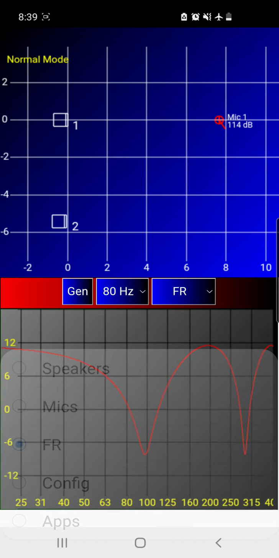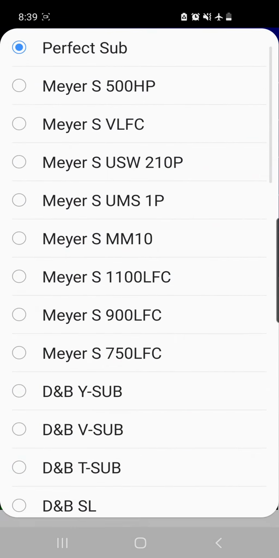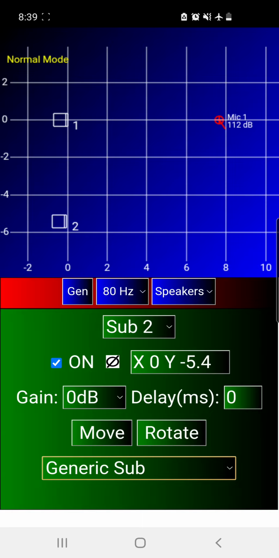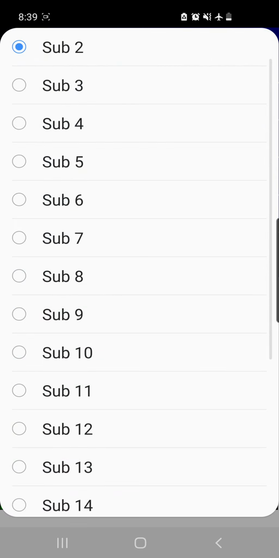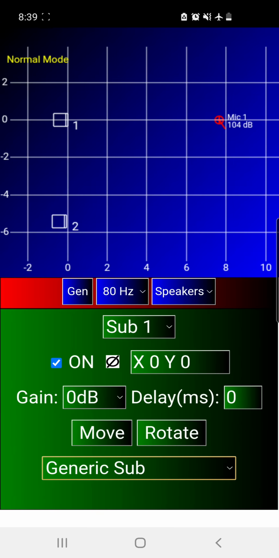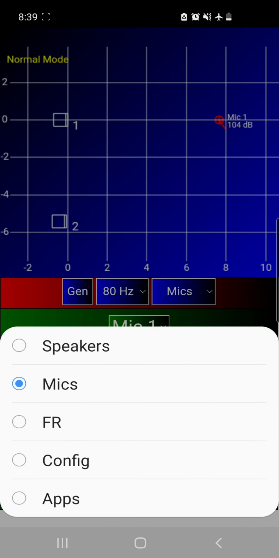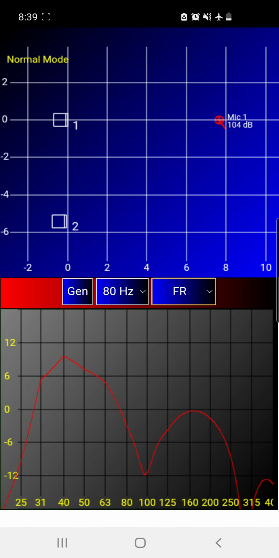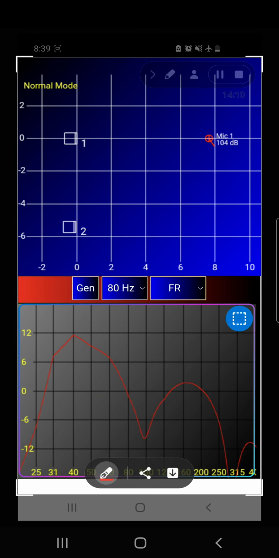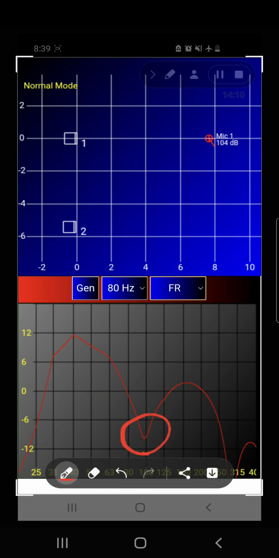So I'm going to change the speaker brand for a real one. I will use the generic sub, which is based on a real sub, for sub number 1 and sub number 2. So we have the generic sub, which is a real-world subwoofer. And if I see the frequency response, there you go. We have that dip right in the area of 100 hertz, right?